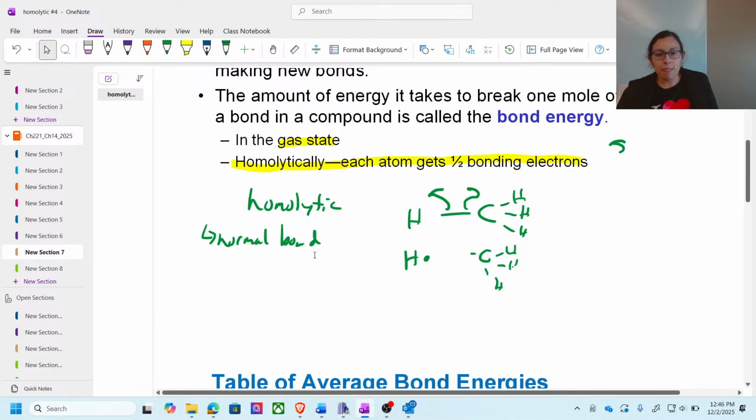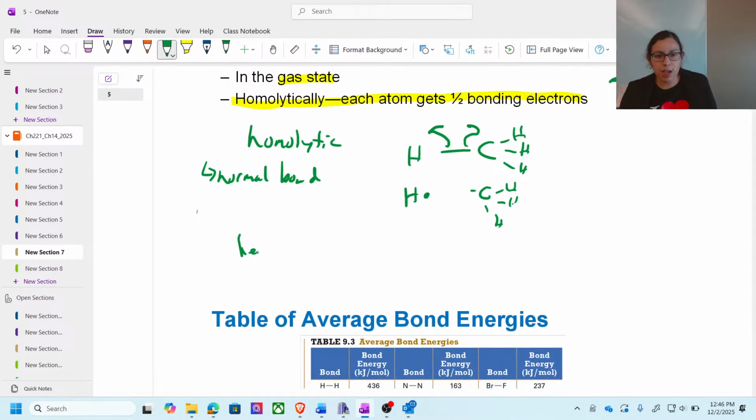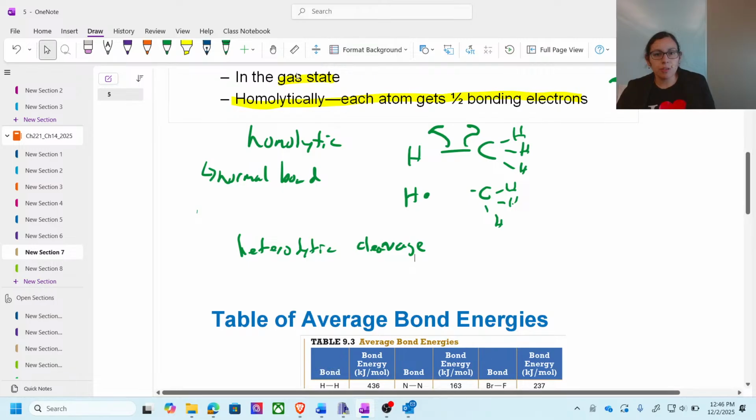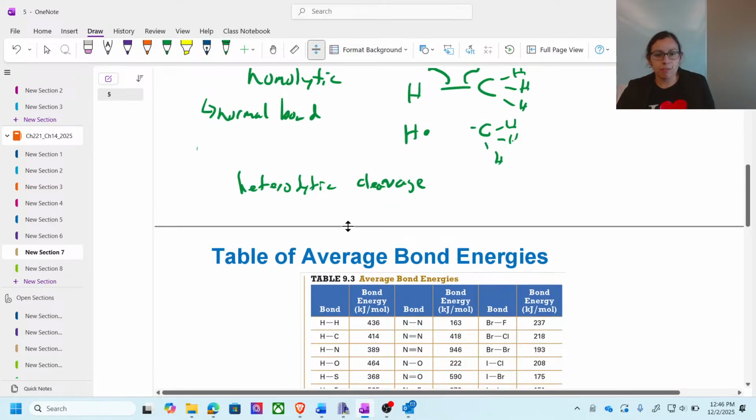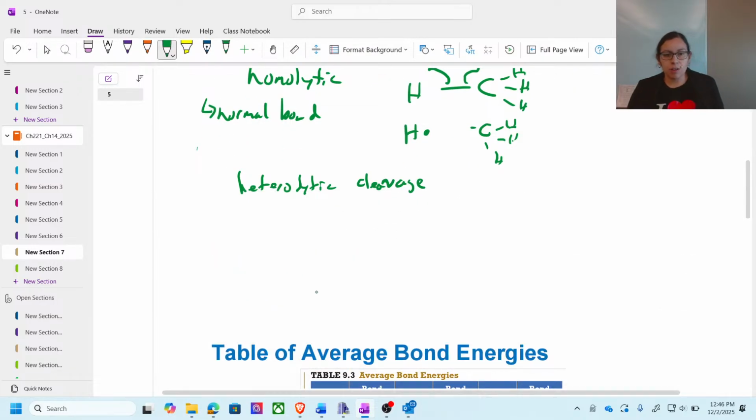And then if we compare that to heterolytic cleavage, let's look at a good example of a classic heterolytic cleavage compound.